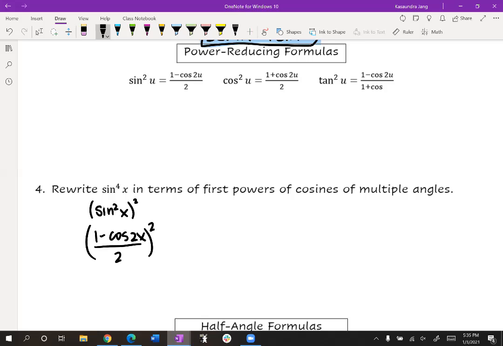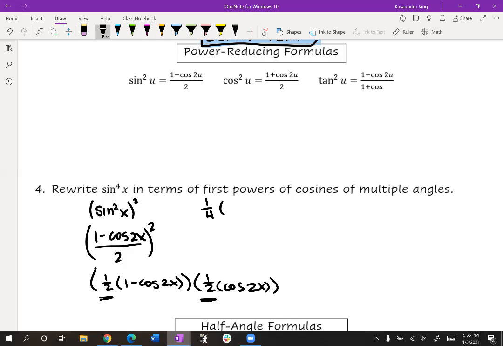Okay, so that means 1 minus, no, I think I'm going to rewrite it. Instead of dividing by 2, I'm going to rewrite it as a 1/2. My personal preference there. Okay, so the 1/2 times 1/2, that's going to give me a 1/4.